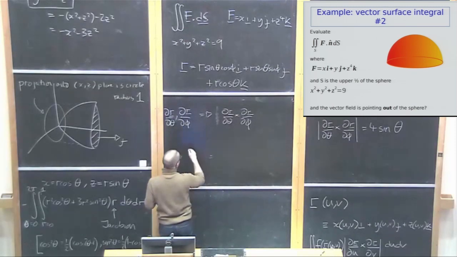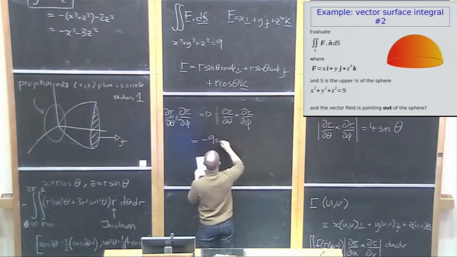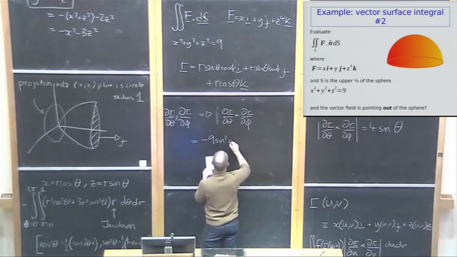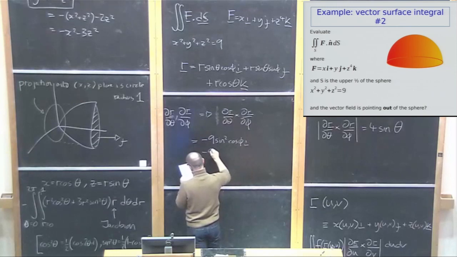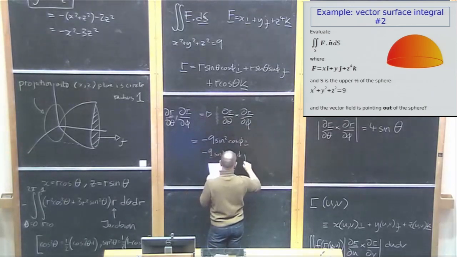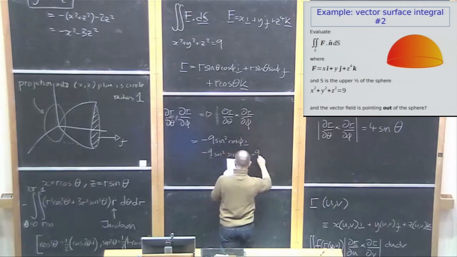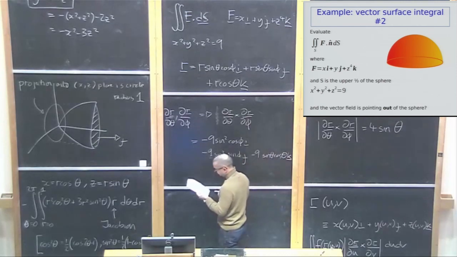There's a few lines of algebra in here, but we work out that the cross product is given by minus 9 sine squared theta cos phi i minus 9 sine squared theta sine phi j minus 9 sine theta cos theta k.